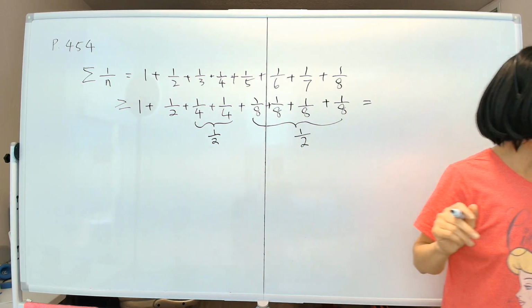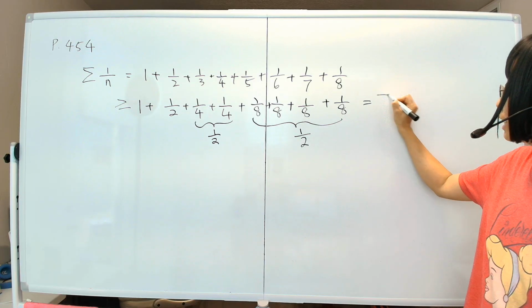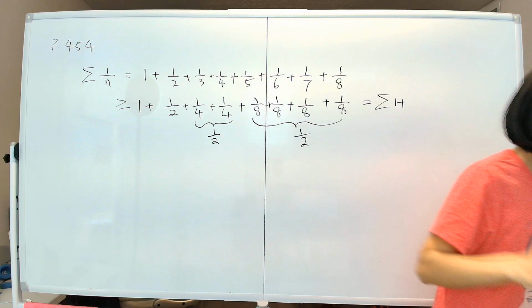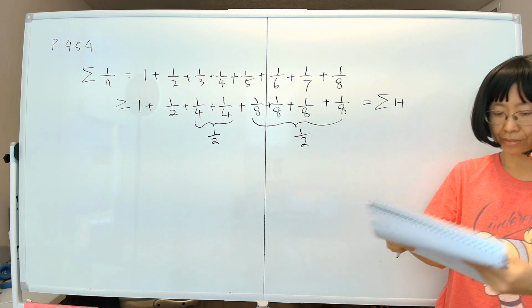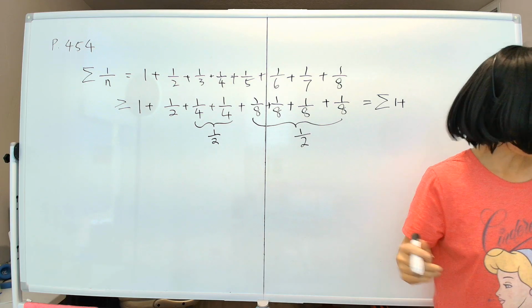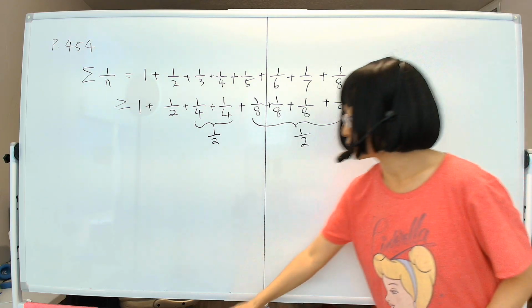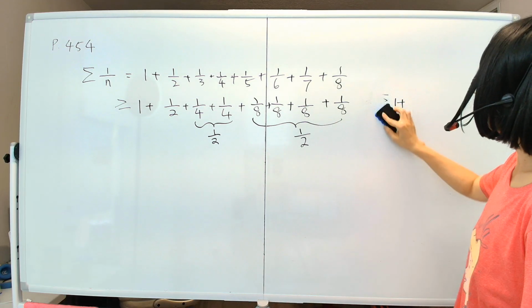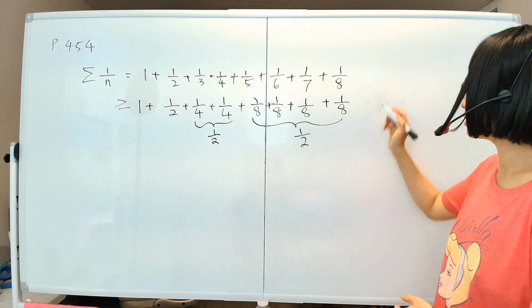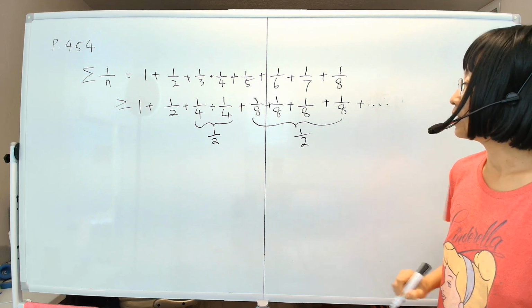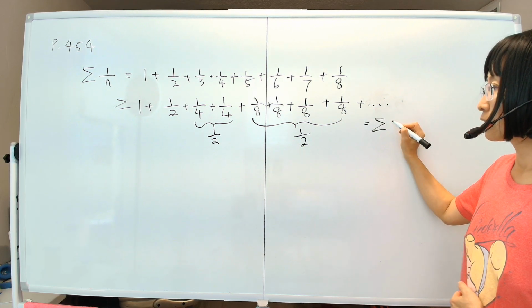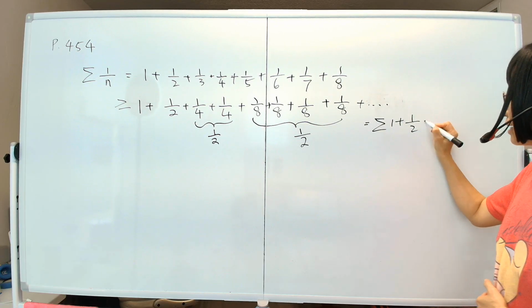This series is basically the sum of 1 plus something with 2 to the power n. Actually, we don't care what it's called. You can give it a name and figure out exactly how the n cooperates, but we don't really care. The point is this is equal to 1 plus 1/2, and you keep adding 1/2s.